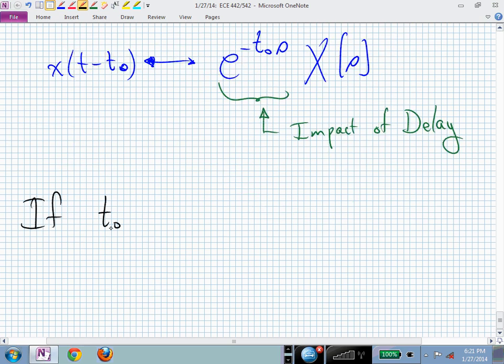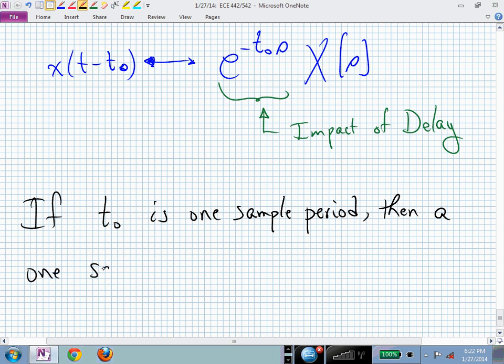If that T naught is one sample period, then a one sample period delay, what did we call that in the z domain?